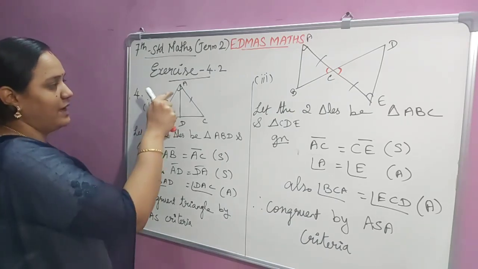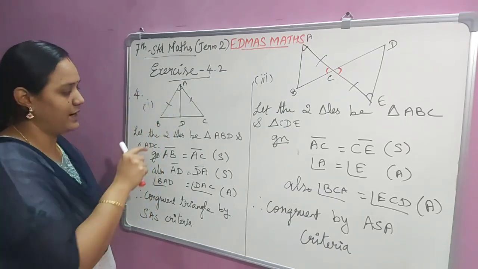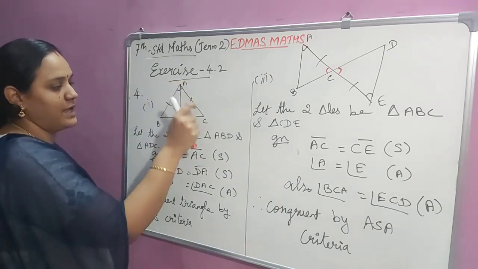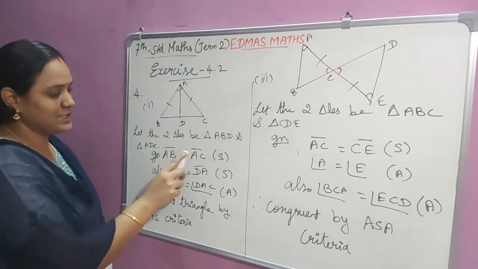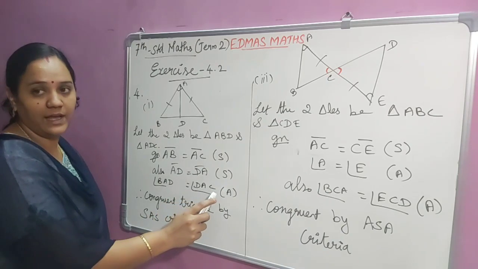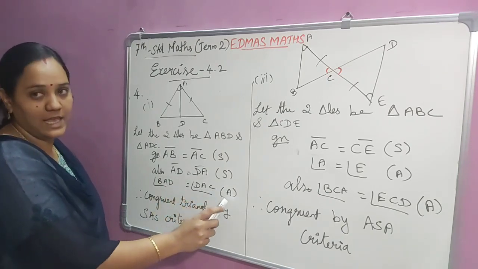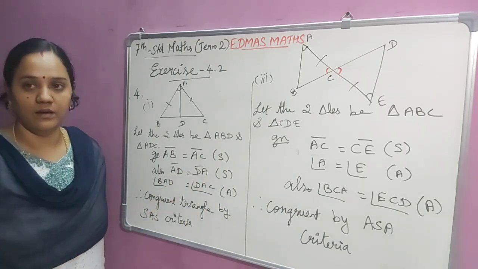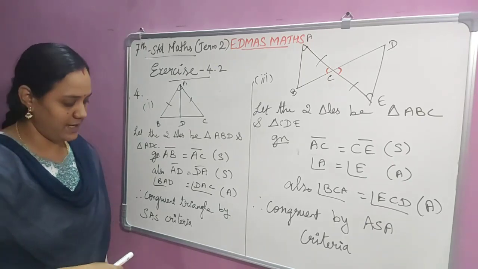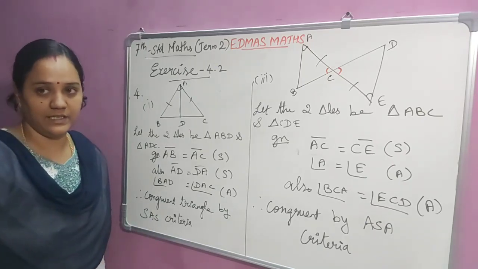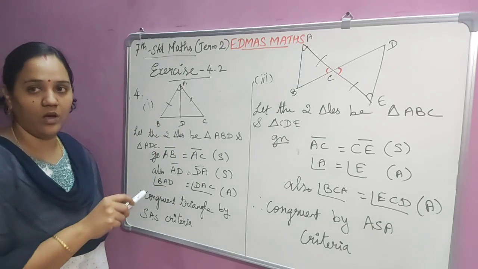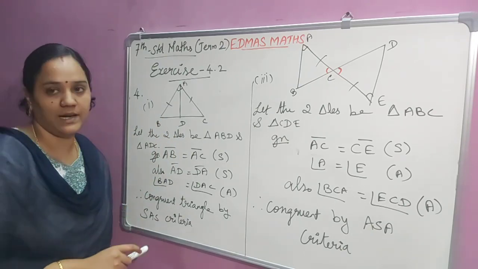So last thing they have given, these two angles are equal. So we can write BAD and DAC are equal. So this is side and this is side and this we can mention as A. So two sides and one angle, that we can say the criteria as SAS criteria. So these two triangles are congruent by SAS criteria.